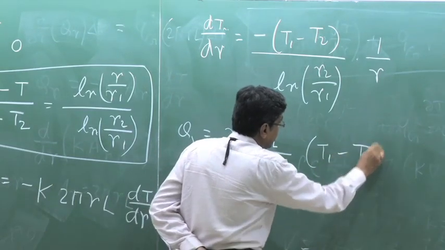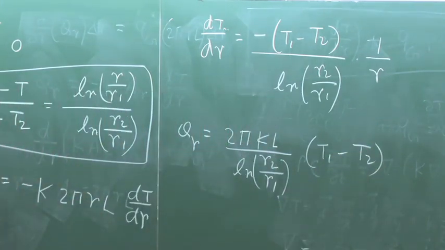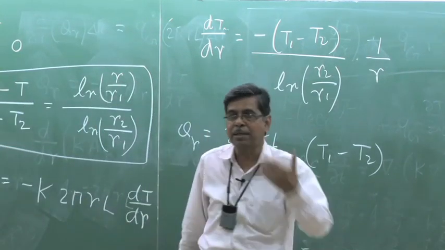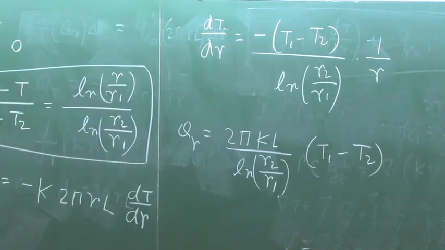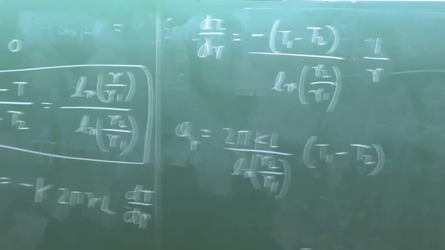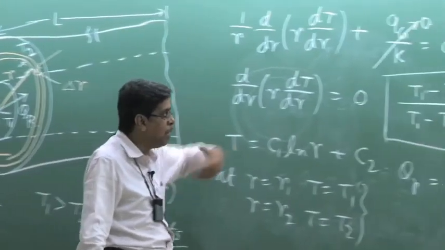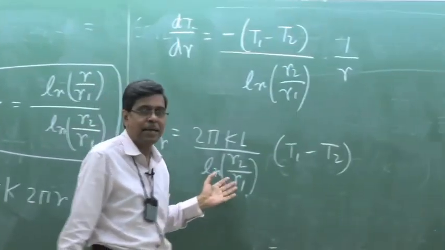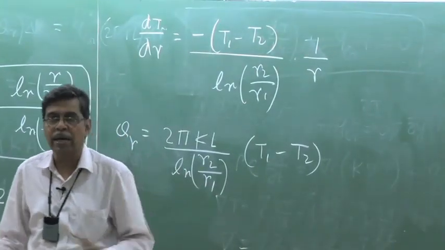So it is found that with this temperature distribution, heat flow at any radial location r is independent of r. Obviously, because I have found this temperature distribution from the steady state concept. Without heat generation, Q_r plus delta r has to be equal to Q_r. We have made q_g 0. So therefore it has to be like this, and this proves that it is okay.